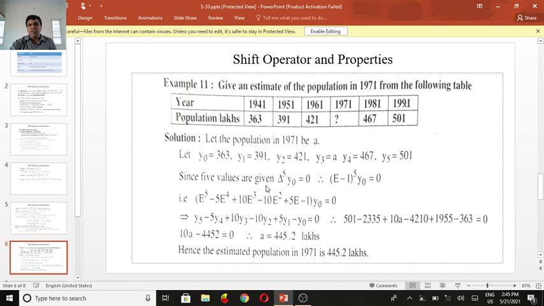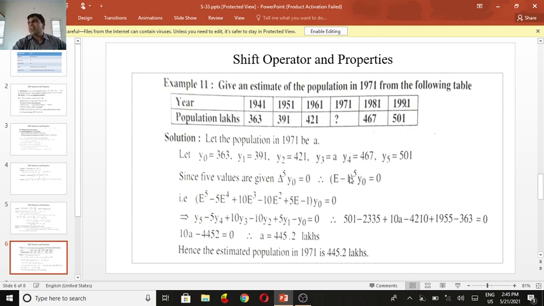So by using the shifting, Δ⁵ y0 should be 0. Applying Δ = E − 1, (E − 1)⁵ y0 is 0.